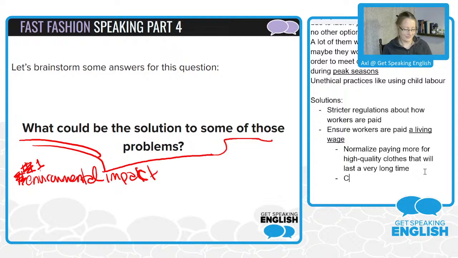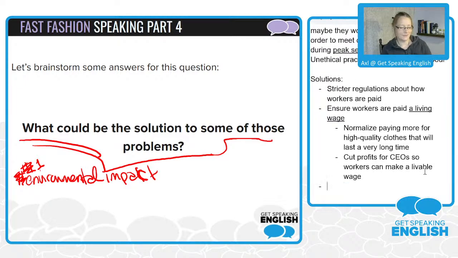So maybe cut profits for CEOs so workers can make a livable wage. So maybe we don't even have to necessarily pay more for clothes. We just have to redistribute the wealth a little bit more reasonably.